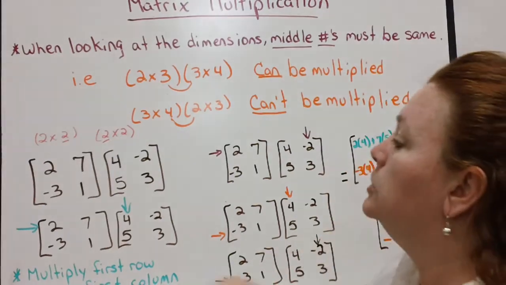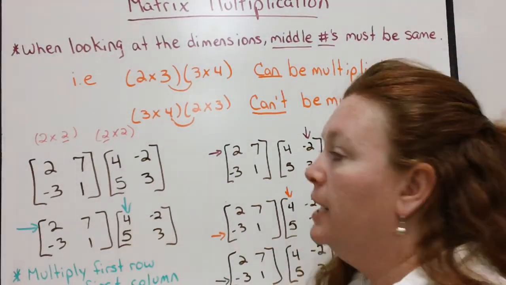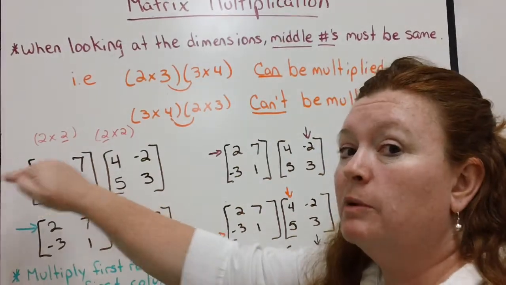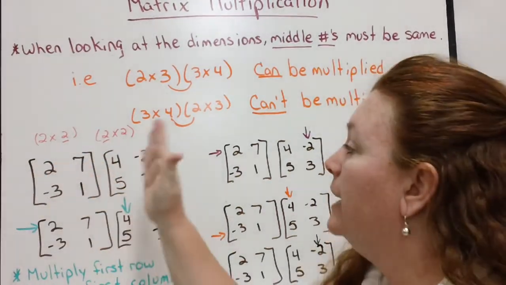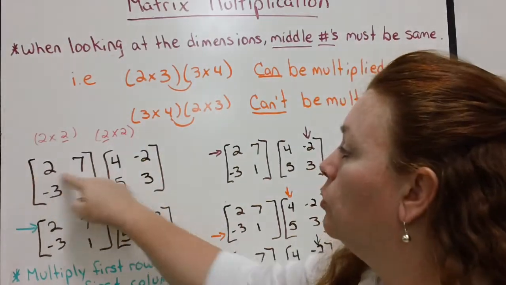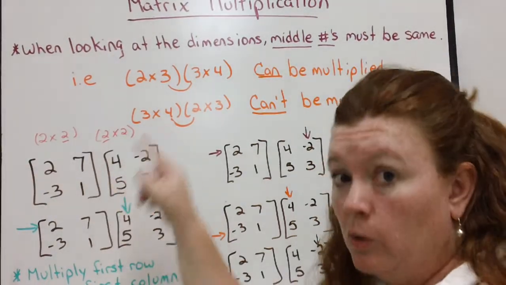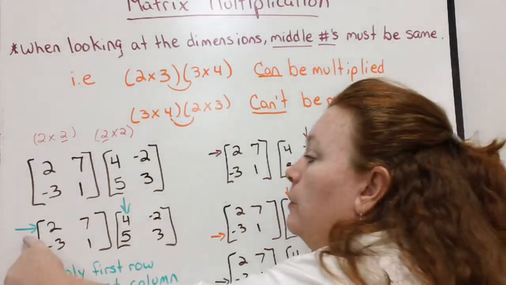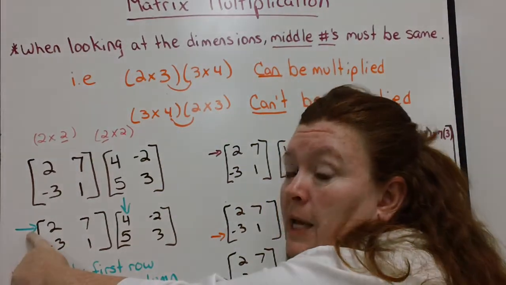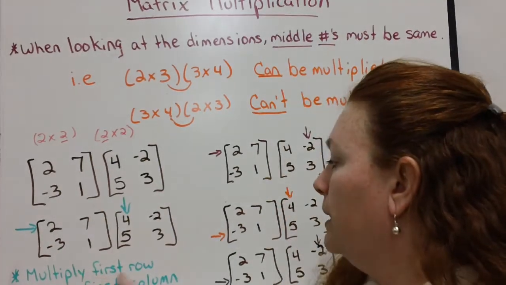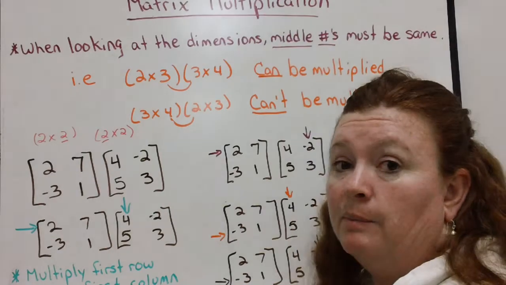So what I'm going to do is I'm going to start with one step. Keep in mind, in the first matrix, we're always multiplying a row, and in the second matrix, we're multiplying it by a column. Okay? Row times column, row times column. So here's my first step in green. I'm going to take the first row and multiply it by the first column.